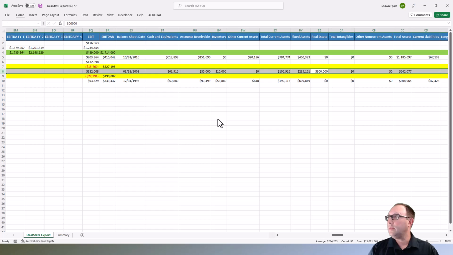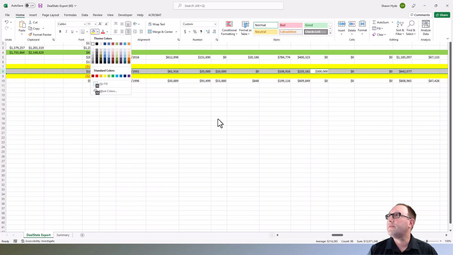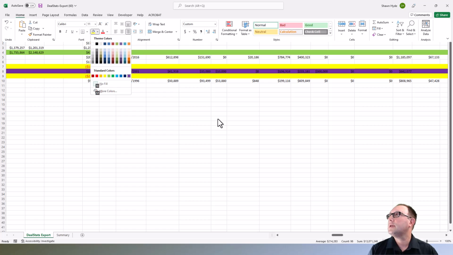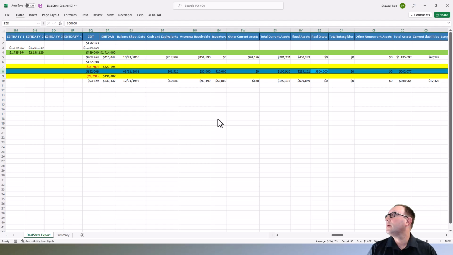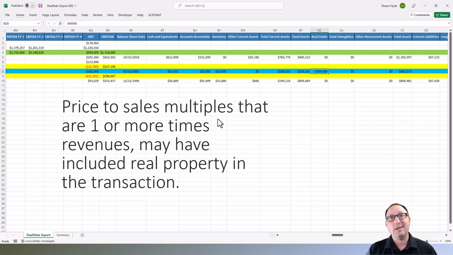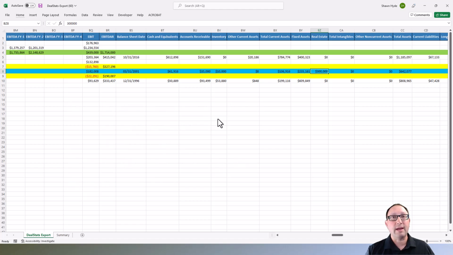So this is one that I'm going to pay close attention to on the far side. We know that this one had real estate involved. We don't always know; it's not always indicated. Sometimes the analysis that BVR does tries to remove the impact of real property, but sometimes I don't believe they catch them all. We'll talk about that in a little bit.